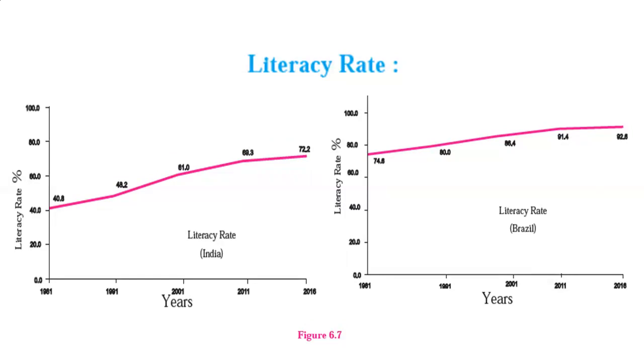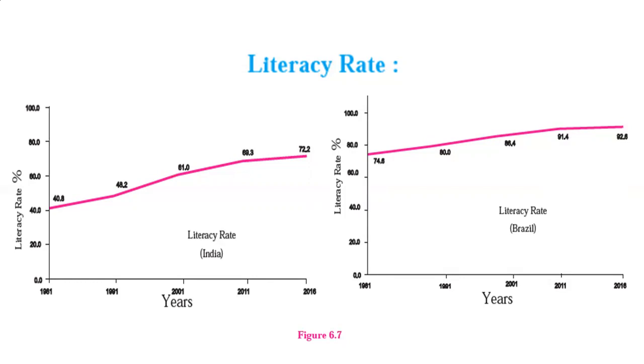In 1981, the literacy rate of Brazil was 72.2, while that of India was just 40.8.